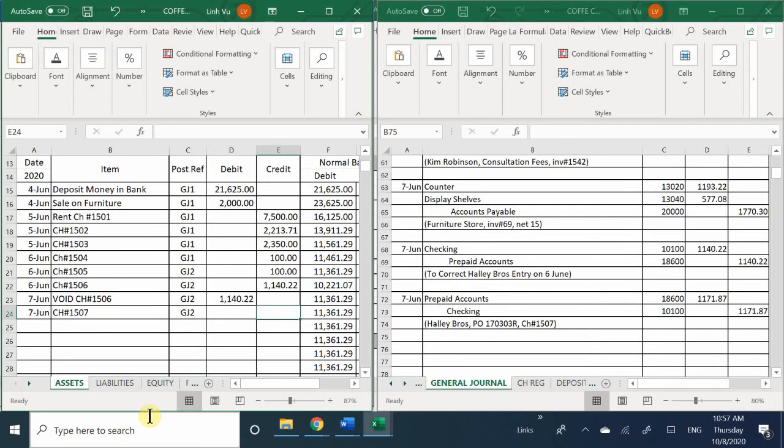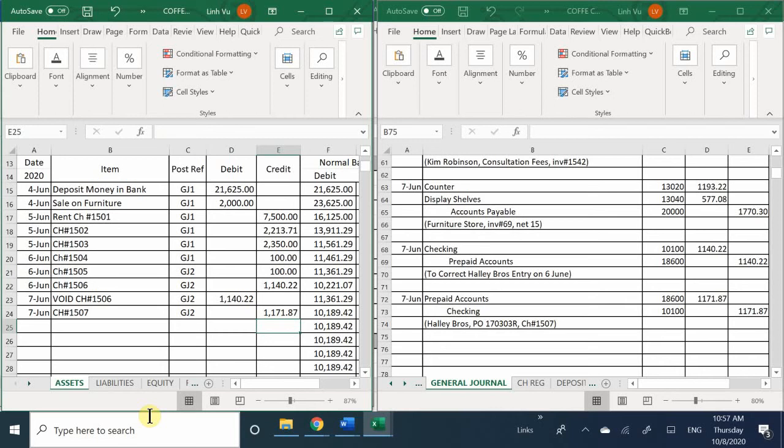And now I'm going to credit it for 1171.87 to give me a new grand total of $10,189.42.